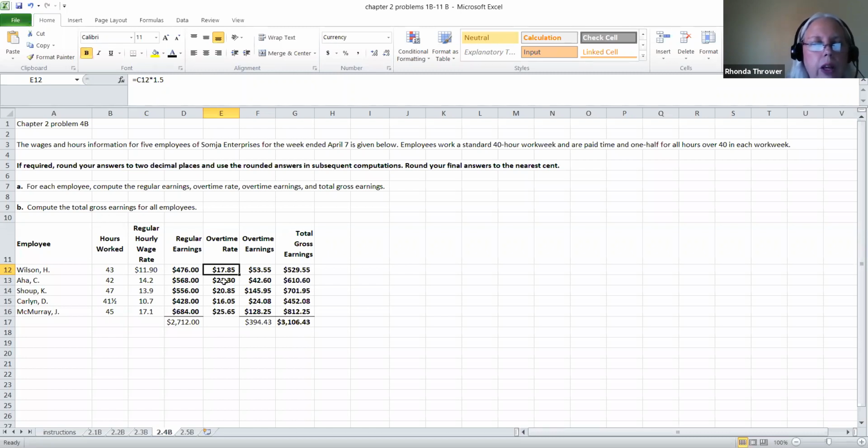To find the overtime rate for the next employee, we take the regular rate of $14.20 and multiply it by 1.5. $21.30 is the amount of the overtime rate.